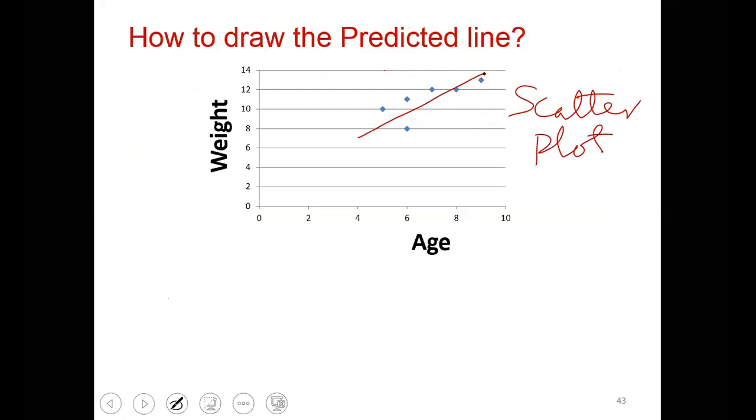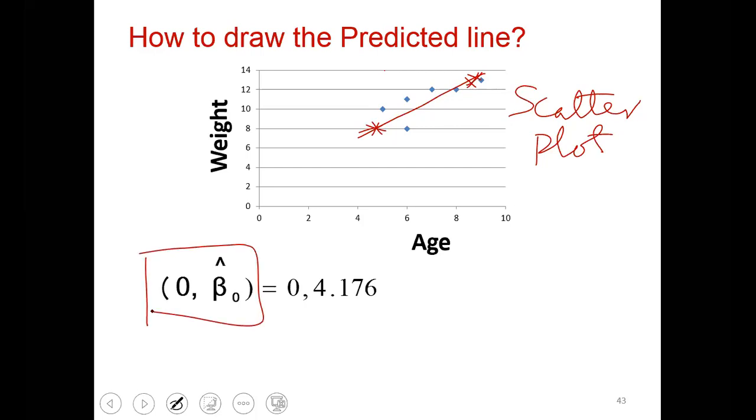How to draw the line? How many points do we need to draw the line? We need 2 points. How to get these 2 points? First point, we already have 0 and beta naught, that is 0 and 4.17. That is somewhere there. Right? The second point is our X bar and Y bar.